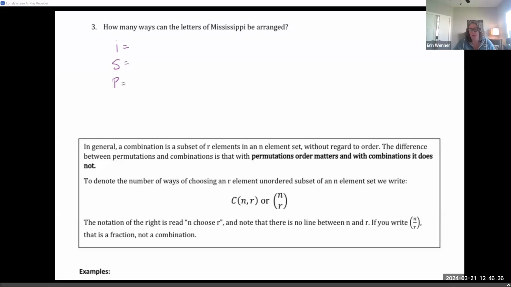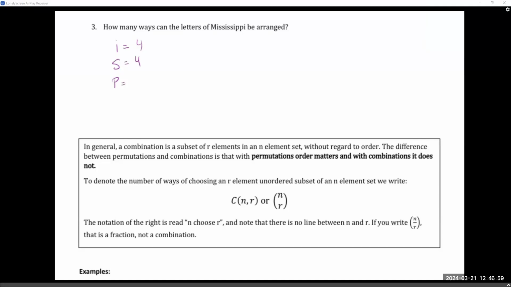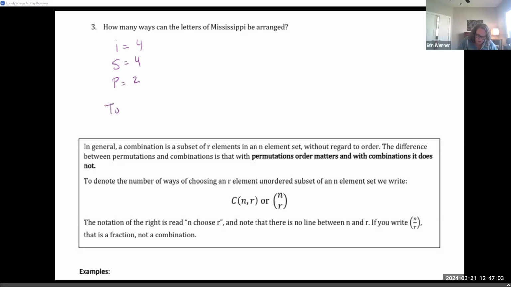So, how many I's do we have? What do we think? 4. Okay, what about S's? 4. Okay. And P's? 2. So then we need to think about how many total letters do we have?